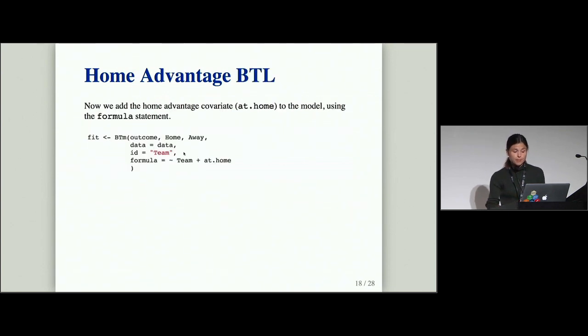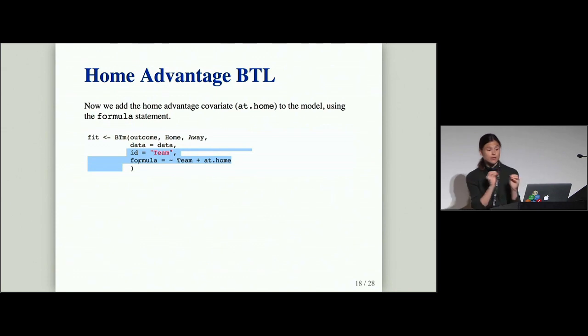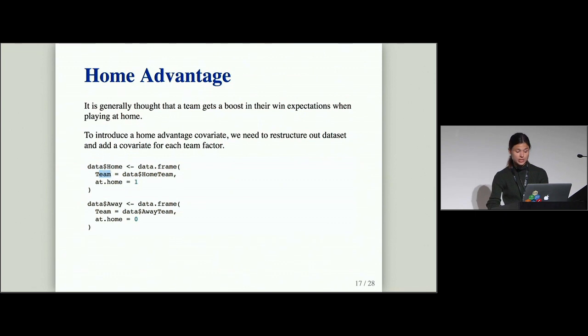And then the way that our modeling command would change is we still have the same outcome, but now for our player 1 and player 2 variables, we give those data frames, and then we have to specify some information to let the modeling function know where it's getting its team information and where it's getting the covariate information. So the way that we structure it, we have the team variable and then the at-home variable.